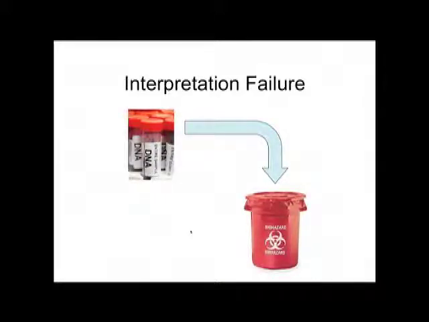I'd like to describe some examples of complex mixtures, since they can cover a wide range of evidence items. These samples may contain anywhere from 2 to 5 or more individuals within a single evidence item. One example of a complex mixture involves touch DNA. Touch DNA refers to a sample where a small amount of starting material is present.